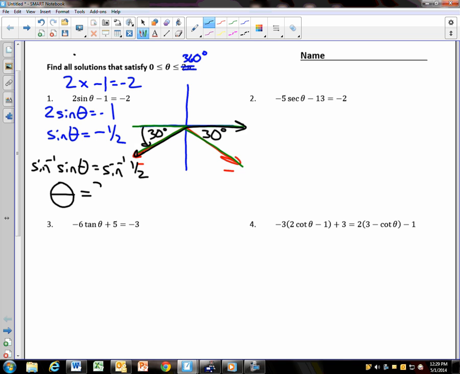So I have 210 degrees. The other angle I want to know is going to be the measure from here all the way around to there. That's 30 degrees back of 360, which is 330. Those are my two angles.